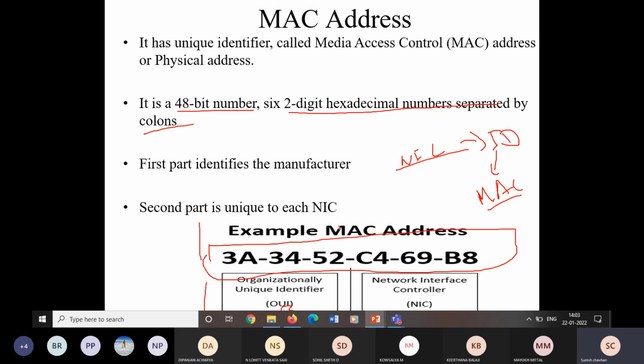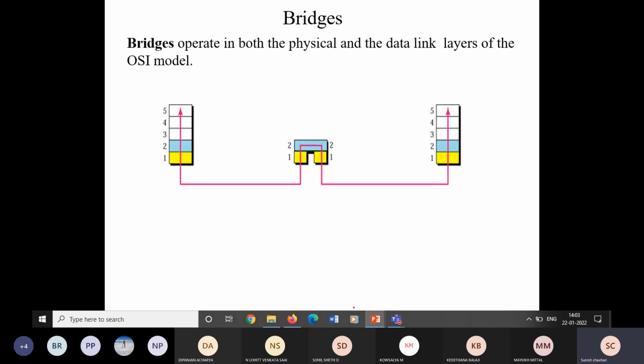The starting 3 bytes are identified as the organizational unique identifier, and the remaining 3 bytes are the network interface controller identifier, right? So now we'll see the bridges, right?